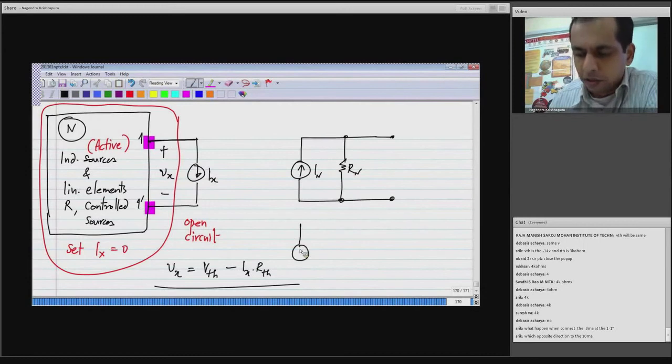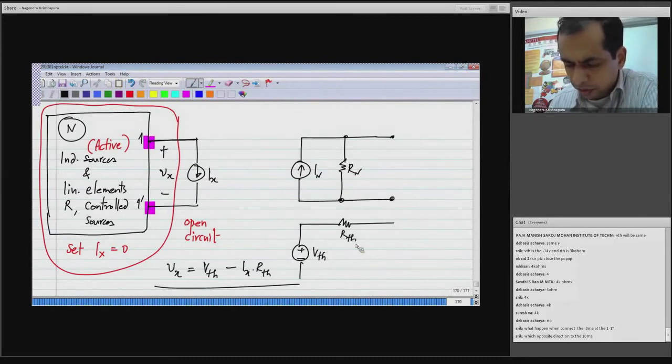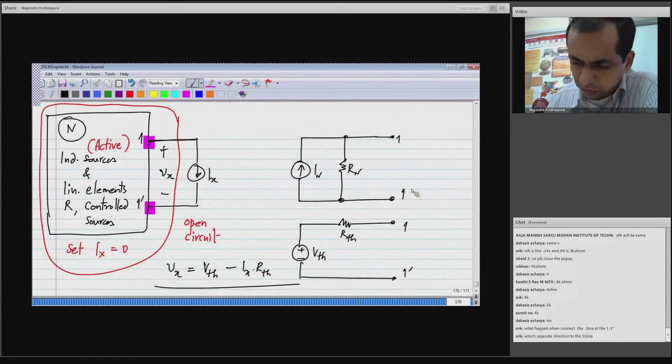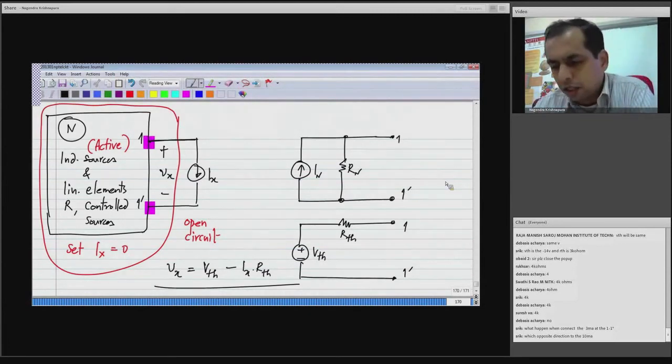So instead of a voltage source VTH and a resistance RTH in series, we can represent the same by a current source IN and a resistance Rn in parallel.